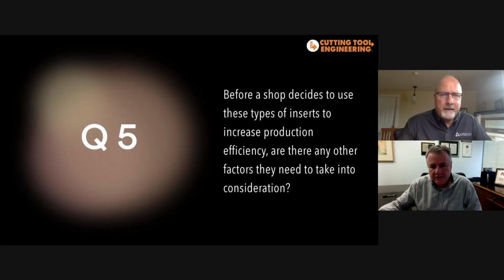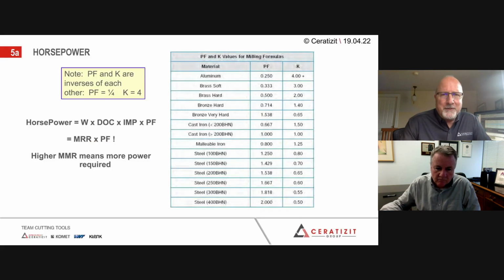Before a shop decides to use these types of inserts to increase production efficiency, are there any other factors they need to take into consideration? Yes, actually, there are a couple things to think about. First of all, pay close attention to the depth of cut, the maximum depth of cut that cutter and insert are allowed to take, because it's designed to high feed on a 14-degree approach angle.